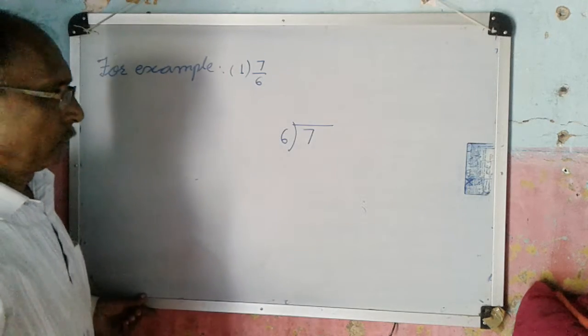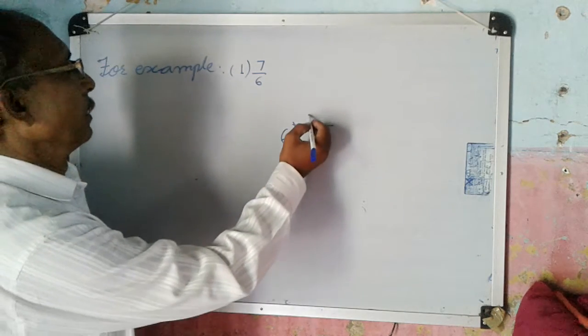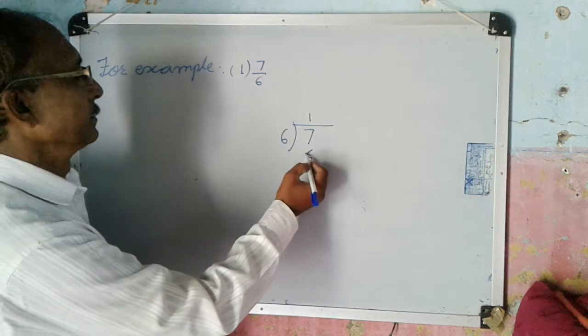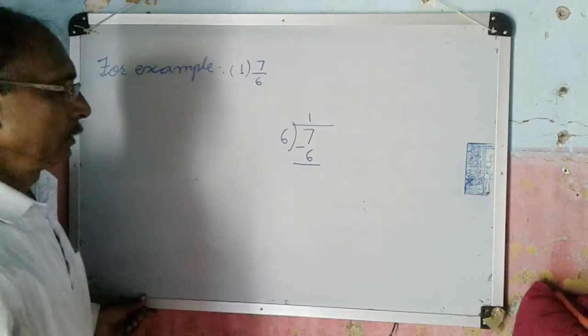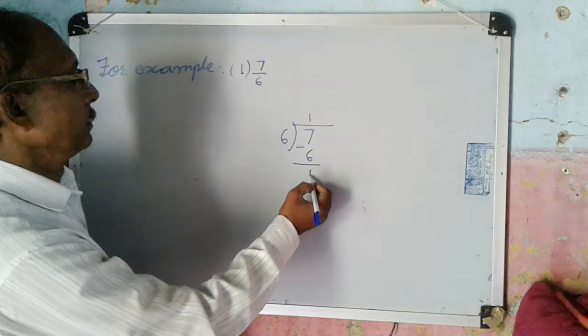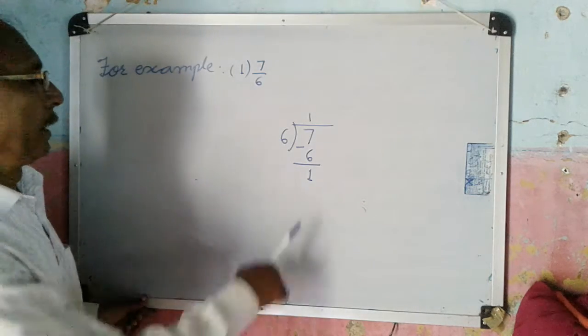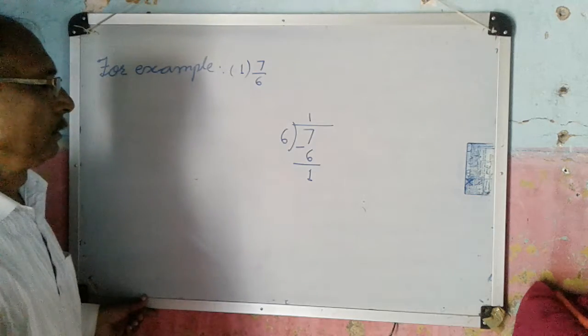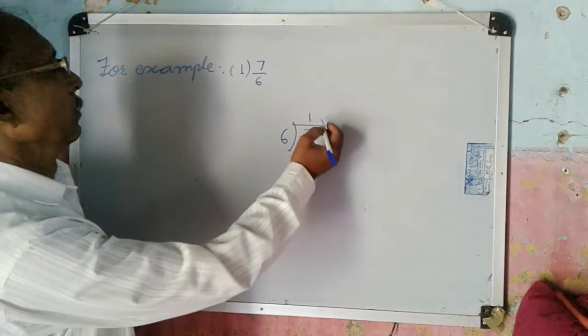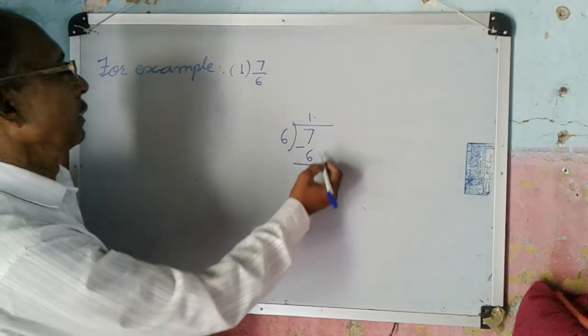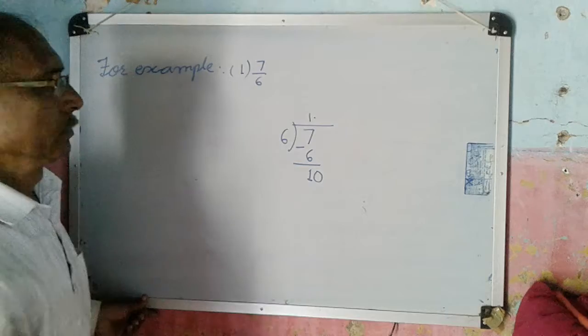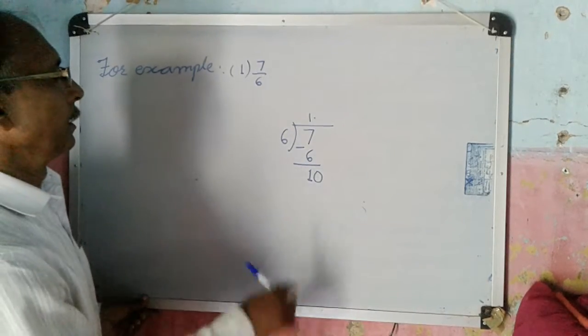So the first quotient will be 1. 6 ones are 6. Now 7 minus 6, your remainder is 1. Now your remainder is less than 6 here. So put decimal point here, write 0 after 1, here we get 10.